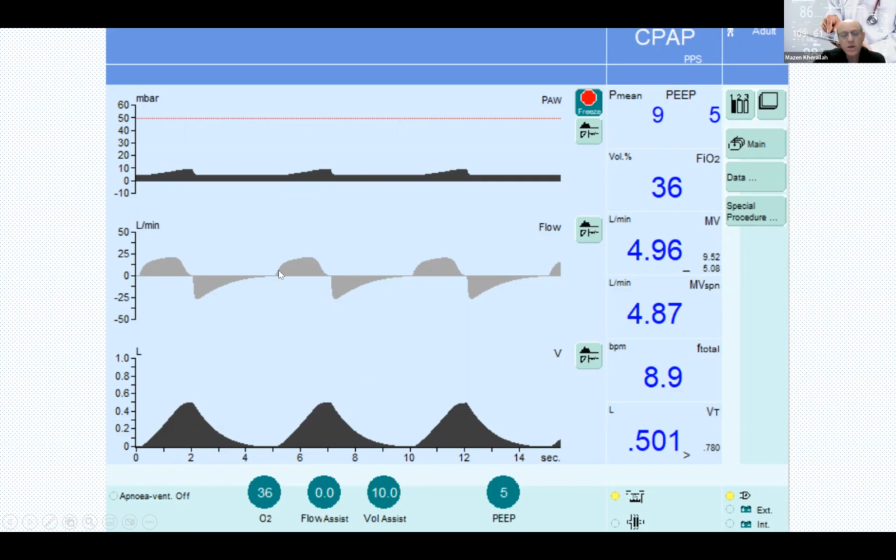And the flow goes up gradually. You can see the flow is the highest at the end of the breath, and then goes down as the patient started to decrease his inspiratory efforts. It will be cycled into expiration once the flow reaches a certain value that is set on the machine.